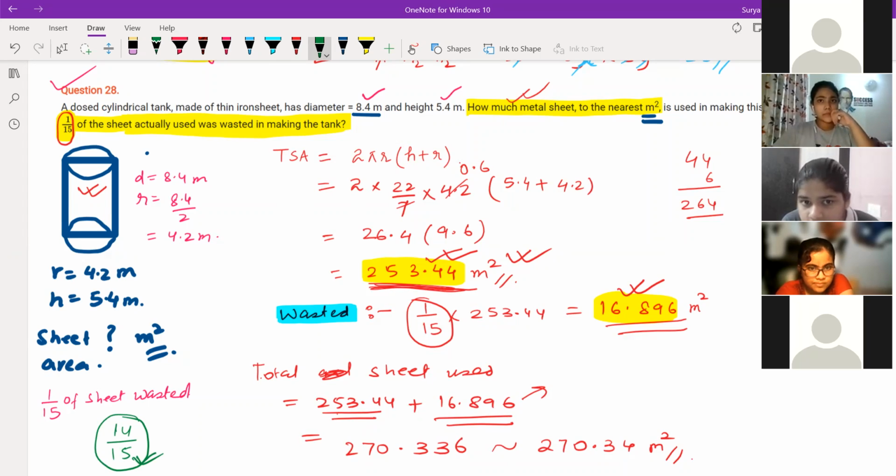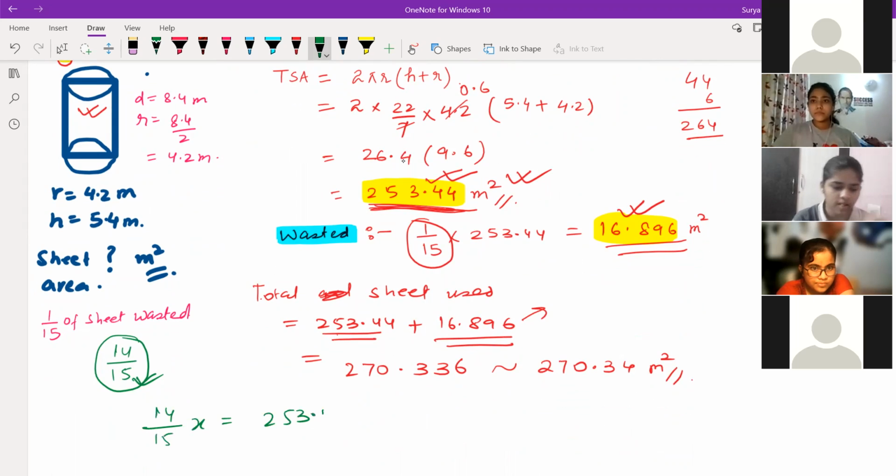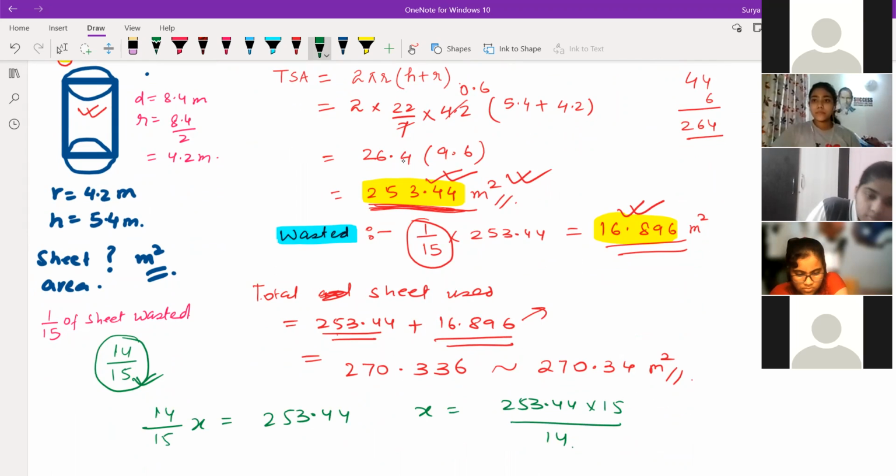After that, we'll get the total. 1 minute. 14 part. Okay, fine. Means 14 by 15 of X is equal to 253.44. So X is equal to 253.44 into 15 divided by 14. Yes, sir. Okay, fine. How much are you getting?